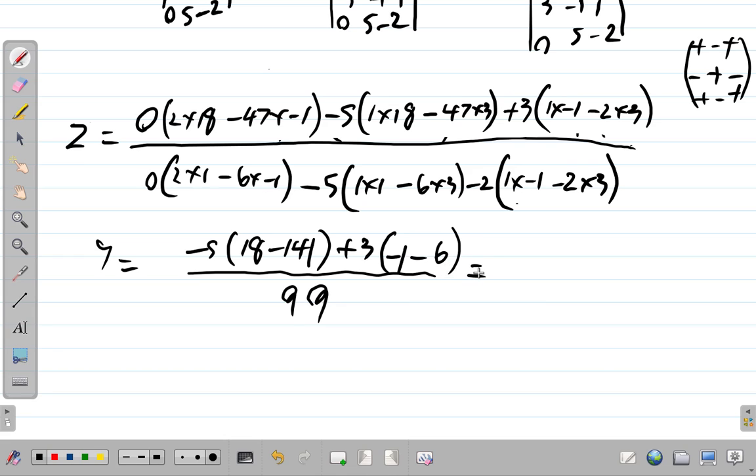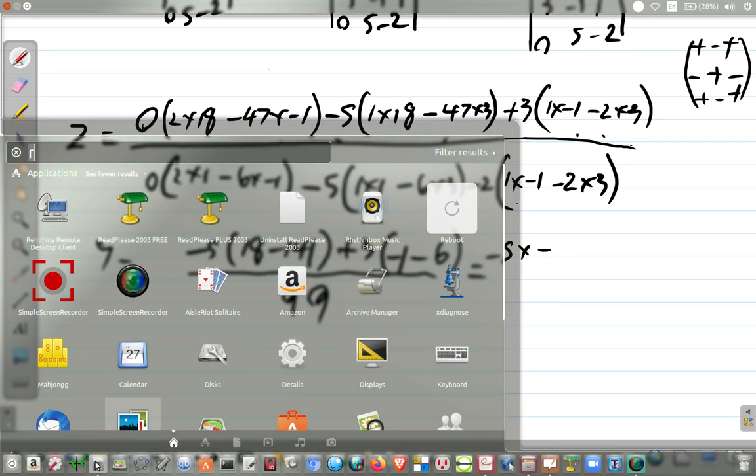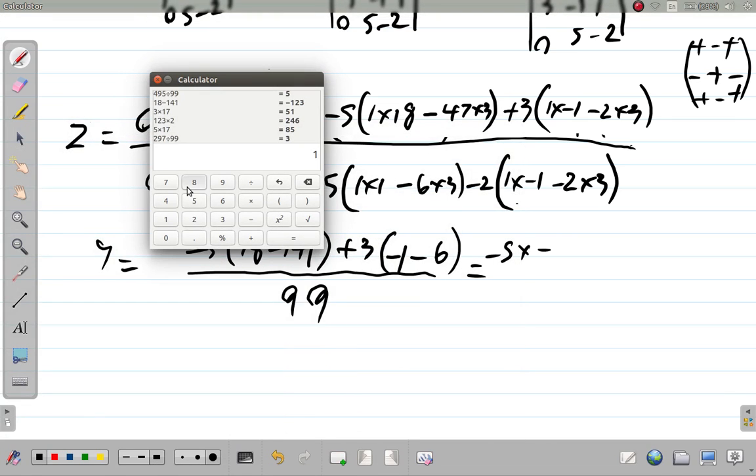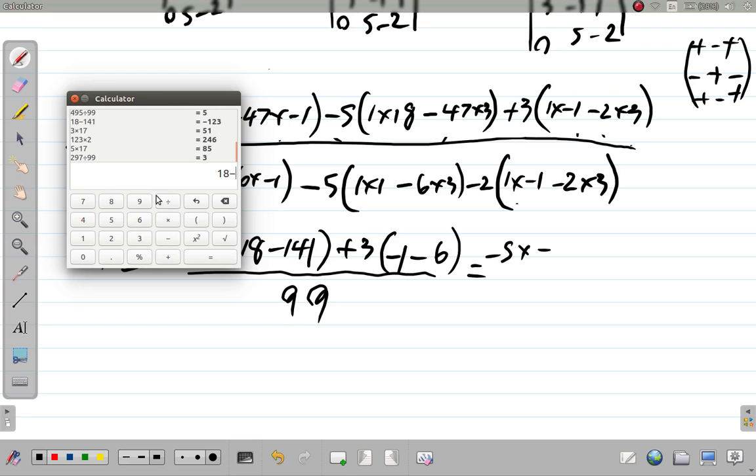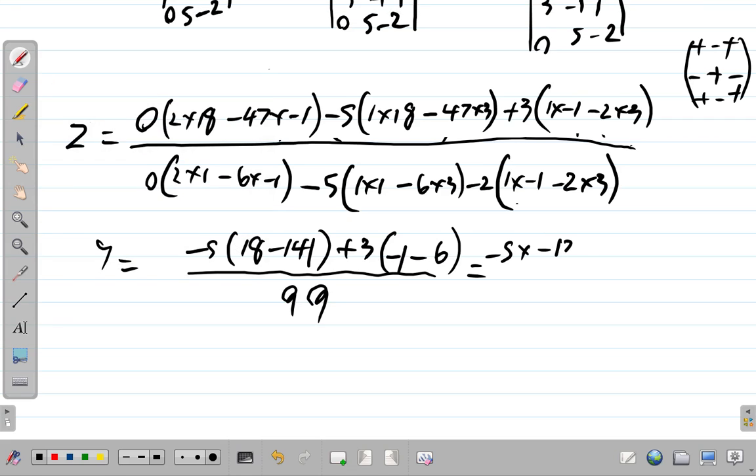Alright, so it's negative 5 times, this will be a negative 18 minus 141. That's negative 123. Plus, guess what? Negative 1 minus 6 is going to be a negative 7.